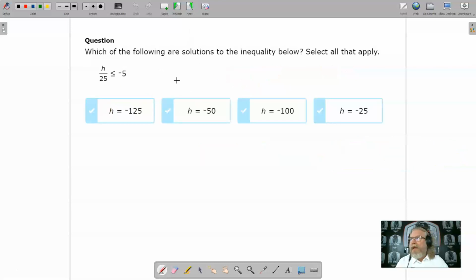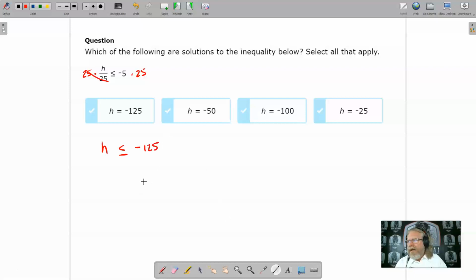Okay. Here we have h over 25 less than or equal to negative 5. Well, if I solve this, I need to multiply both sides by 25, right? Times 25. So the 25s would cancel each other. I end up with h less than or equal to, and negative 5 times 25 is going to be negative 125. 5 25s is 125.